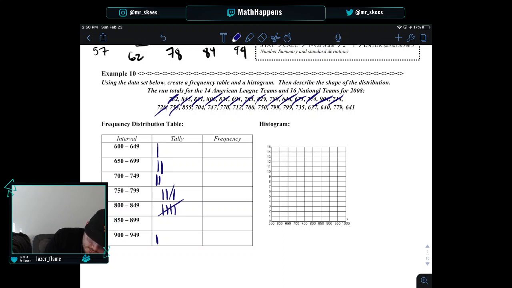753 goes. Oops, that's going to be 5. So let's make it cross. 855 goes there. 704 goes there. 747 goes there. 770 goes there. 712 goes there. 700 goes there. 750 goes there. 799 goes there.